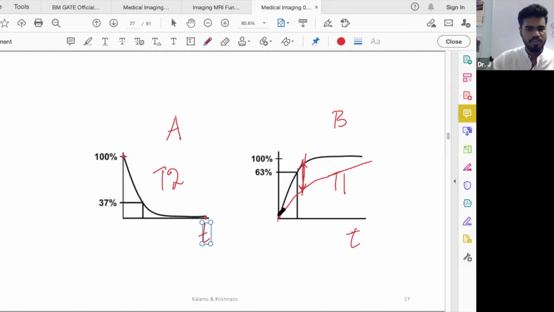Towards the end, after it has got to 100%, we won't see any difference. But in between, we will see some contrast between tissues if they have different relaxation times. Are we on this?